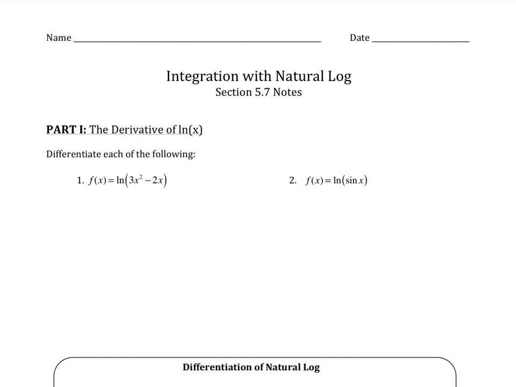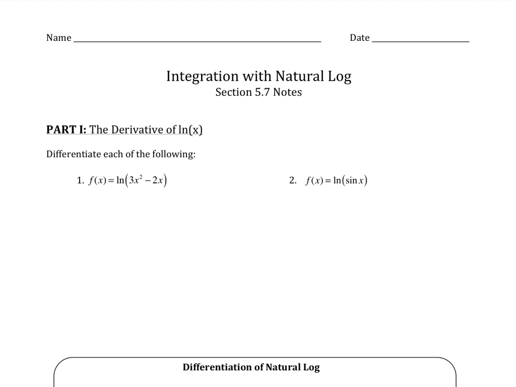So we proceed. Of course, we want to start by remembering that integrating is just undifferentiating. So we're going to begin by doing some differentiation involving natural log. In 1 and 2, we're just going to find f prime for each function given.